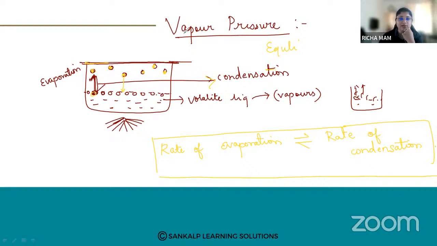Whatever pressure is exerted by the vapor at this point is called vapor pressure. This vapor pressure is established between the liquid and its vapor, and the liquid is volatile in nature. When this equilibrium is reached, that is, the rate of evaporation is in equilibrium with the rate of condensation, the pressure exerted by the vapors on the liquid is called the vapor pressure.